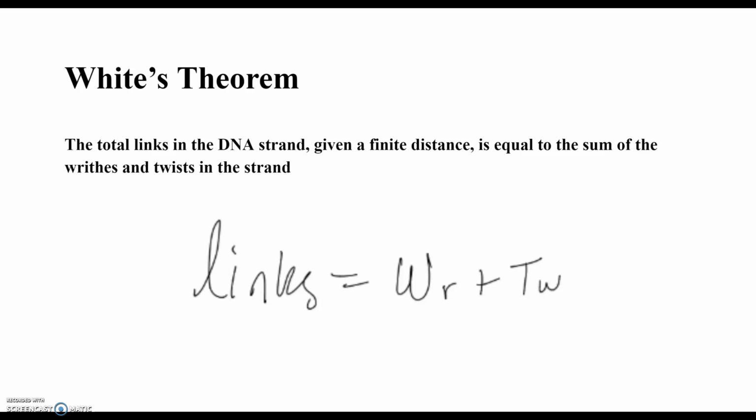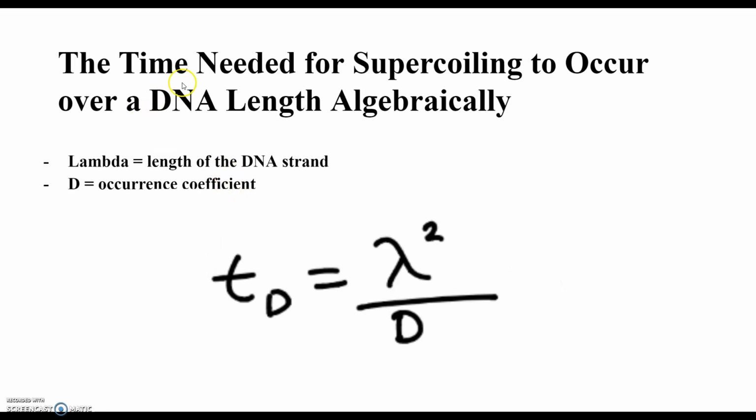And this can tell us a lot about the geometric nature of the DNA in itself, and can help us with some other formulas I'm about to show you now, understand how the DNA is experiencing that torsion. So with this, the time needed for that supercoiling to occur over a DNA strand can be given to us by this formula here.